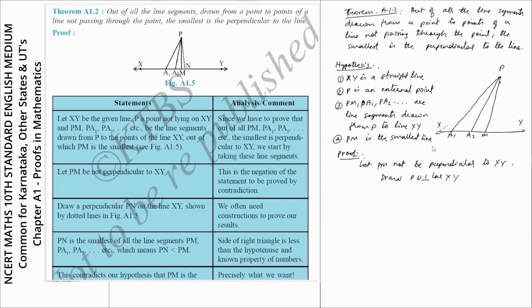So from point P, I'll draw one line perpendicular to xy. Perpendicular means this angle will be 90 degrees. Now triangle PMN is a right angled triangle, right angled at N. In any right angled triangle, the hypotenuse is the greatest side, right?